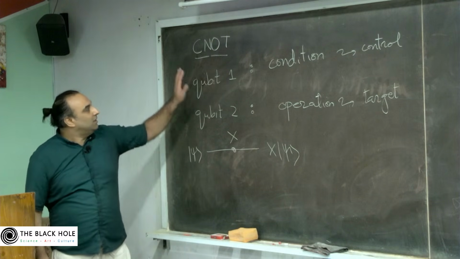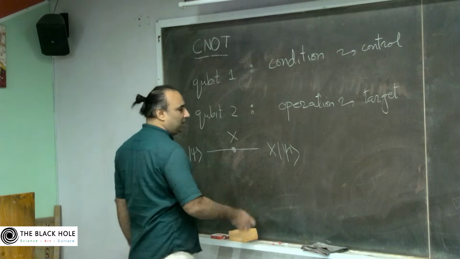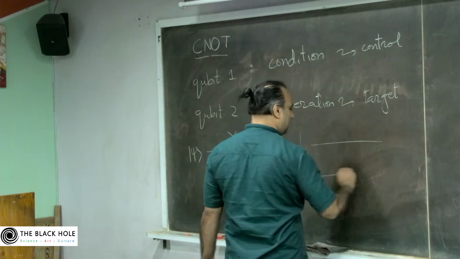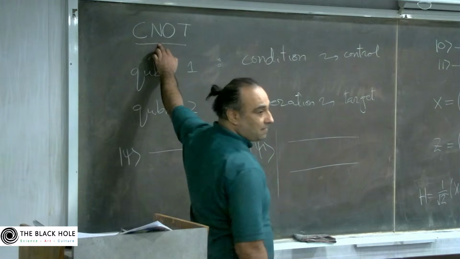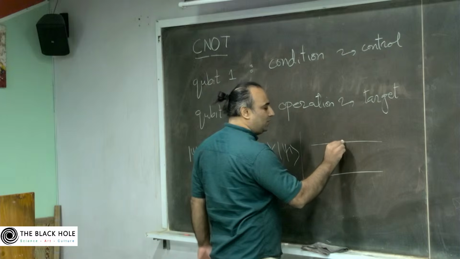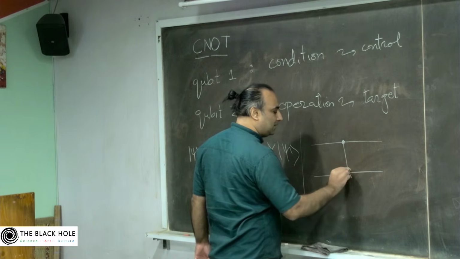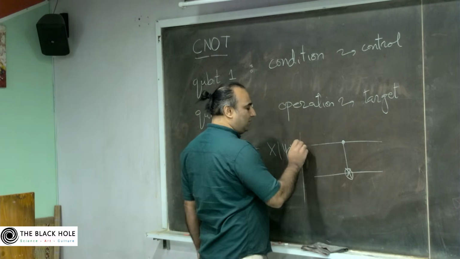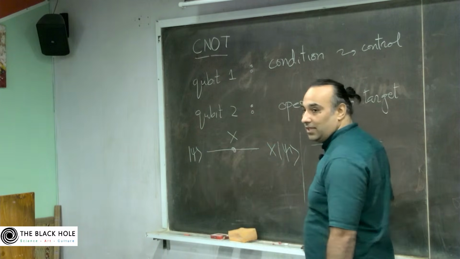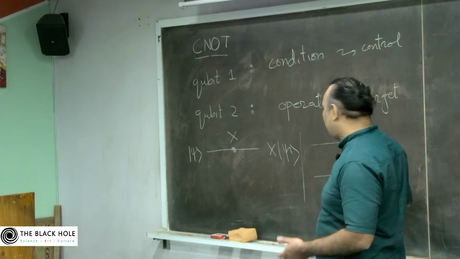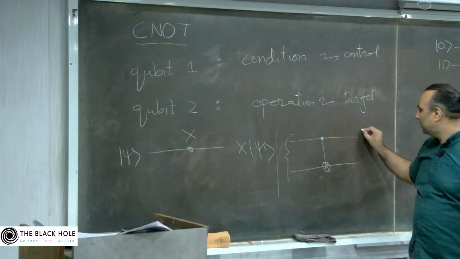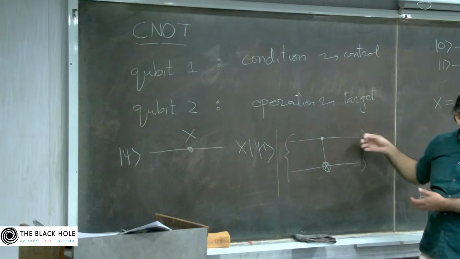Here we have two lines for 2 qubits, and we usually denote it like this. This is qubit 1, this is qubit 2, and depending on the state of this, it will perform some action on this, and we will get something over here. These are 2 inputs, these are 2 outputs.